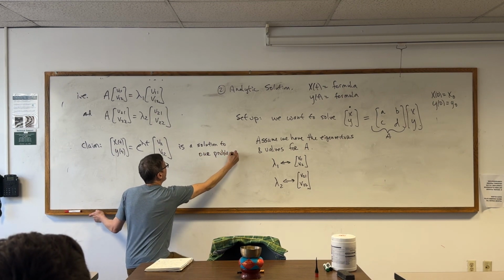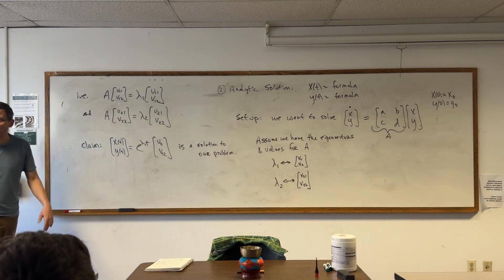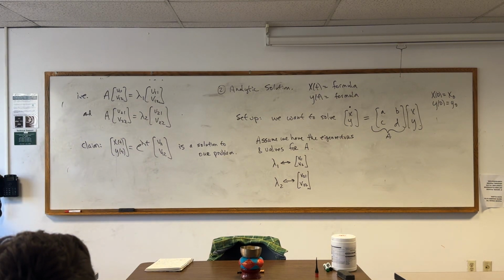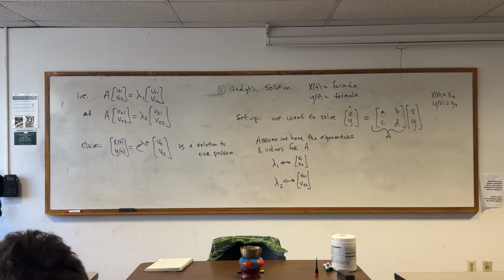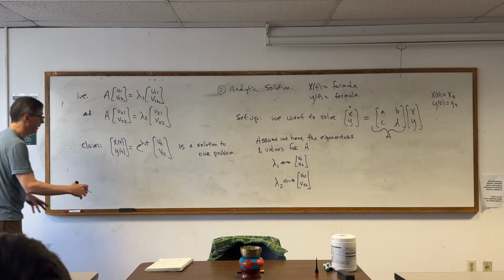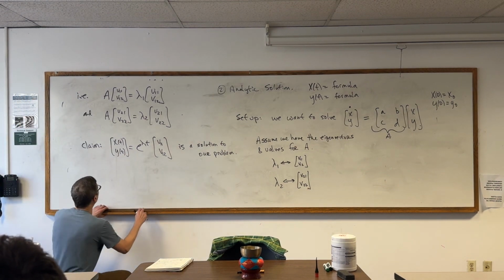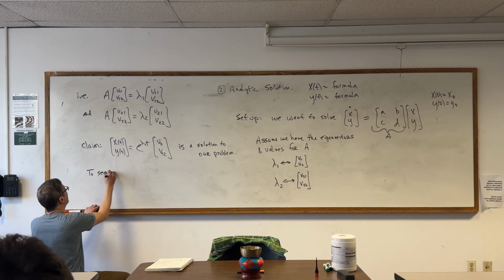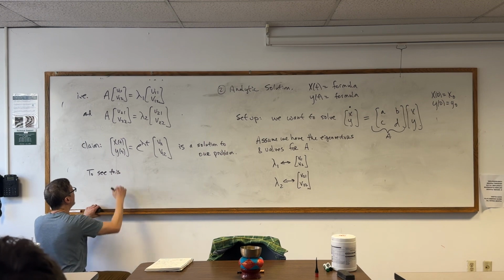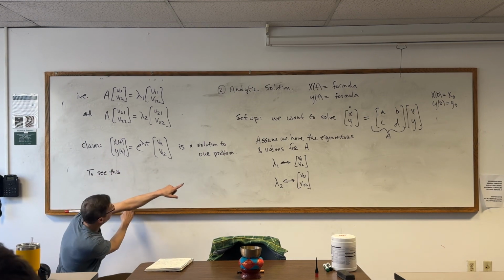This is the part where I'm just going to tell you this is a solution, but I'm going to show you that it's true. How you get there, there are lots of different ways to understand that, but what's more important is that we see it. So to see this, really I'm just going to plug this into that system.